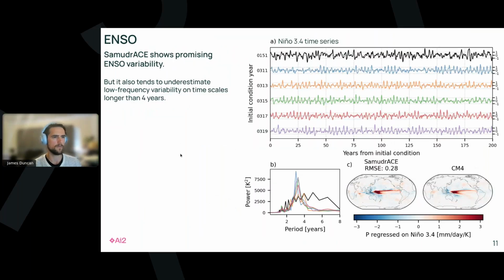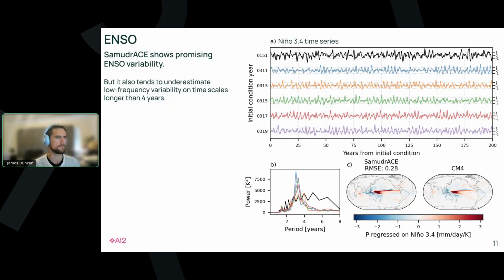One other important phenomenon that comes out of coupling the atmosphere and the ocean is the El Nino Southern Oscillation. And so if you were to look at this Nino 3.4 time series, here in the black line, I'm showing what this looks like in CM4.